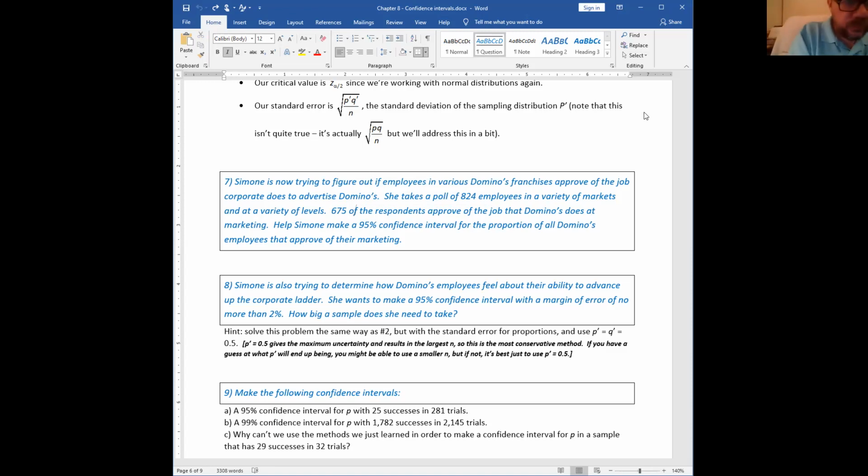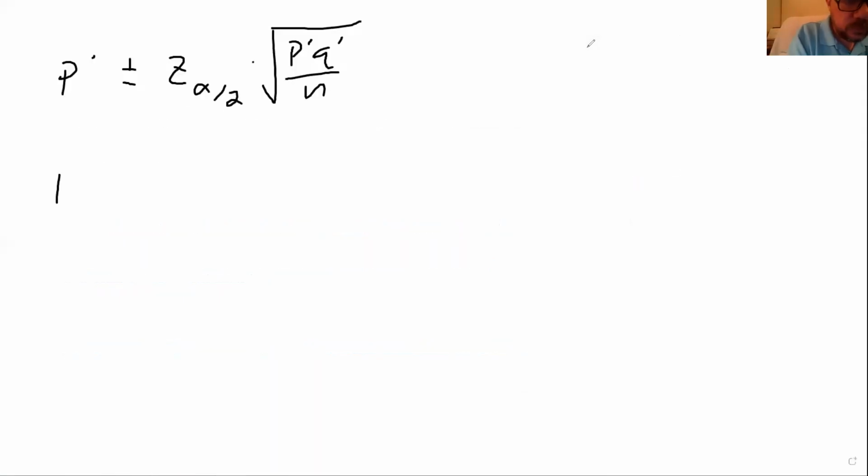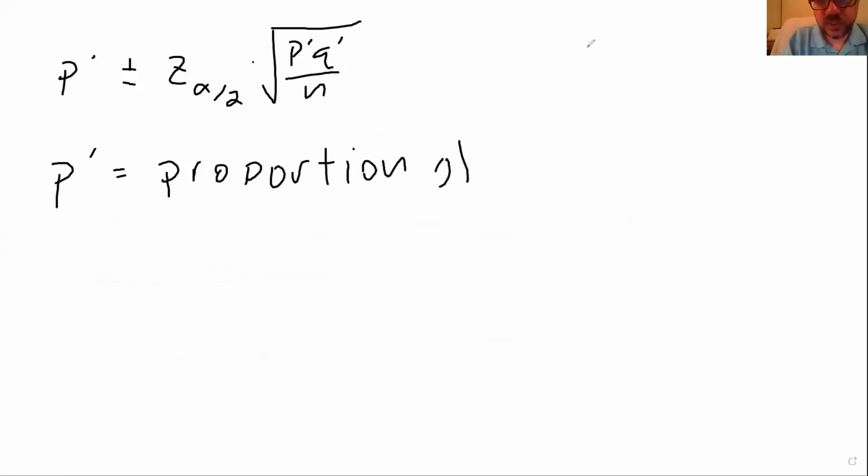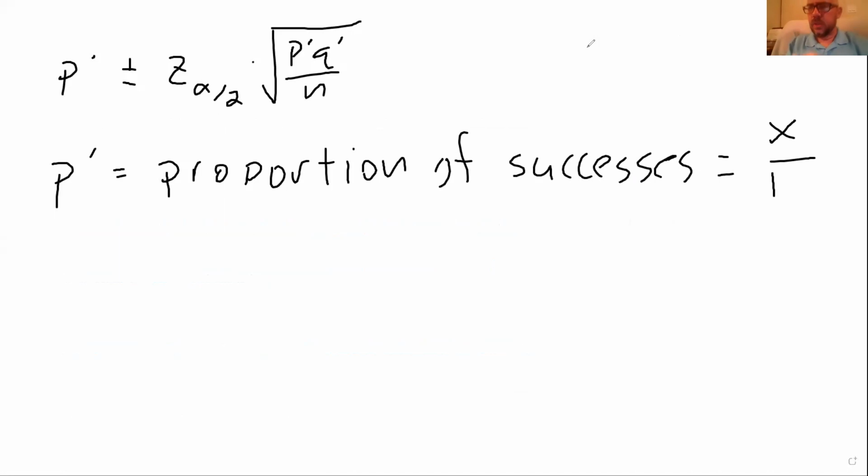So P prime equals proportion of success, which is x over n. So x here stands for the number of successes in the sample, and n is the sample size. So it's literally just x over n, right?